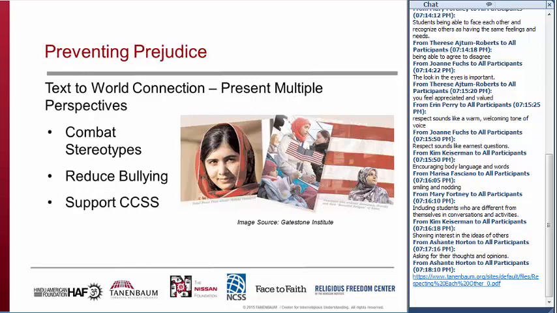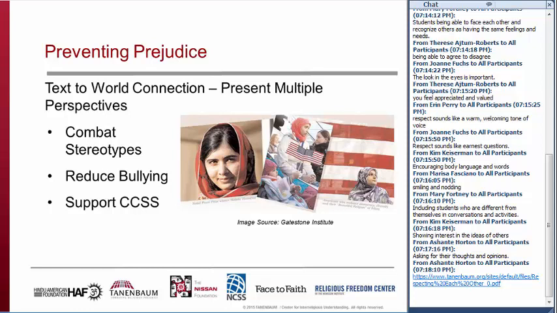Another principle that we have, preventing prejudice, has to do with, again, giving students the tools to be able to identify areas where stereotypes can arise and having a very active and working vocabulary around diversity, but also prejudice and bias, discrimination, etc. So our goal in this is to combat stereotypes and to hopefully reduce bullying.